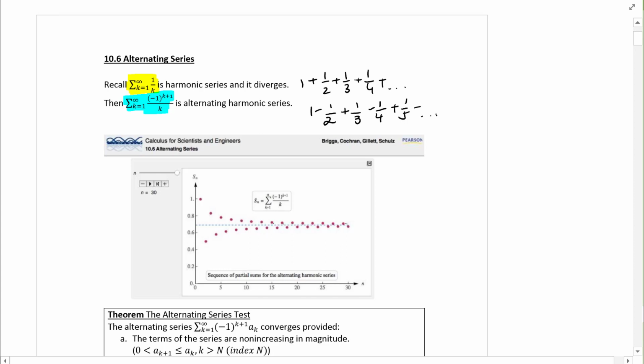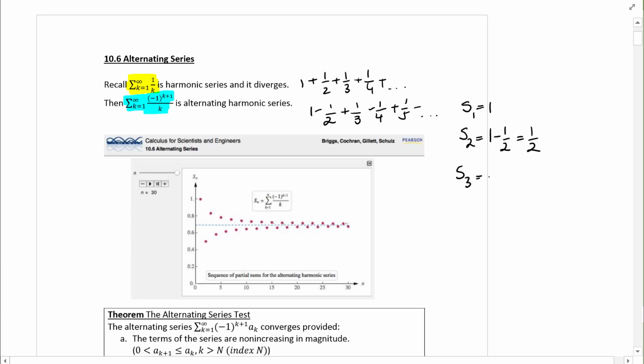So basically, in order to figure out what happens to the series, we are trying to find out what happens to the sequence of the partial sums. So s sub 1 is 1, s sub 2 is 1 minus a half, the sum of the first two terms, which is a half.